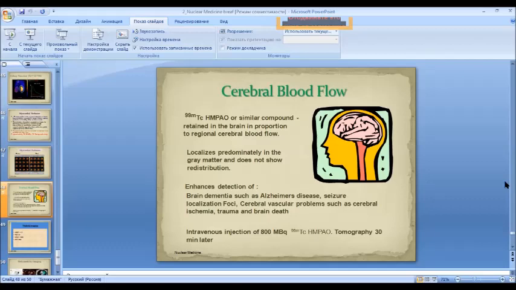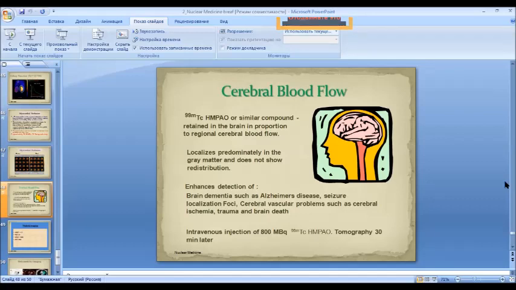Very useful in detection of brain dementia such as Alzheimer's disease, different forms of pathological blood flow in the brain, cerebral vascular problems such as ischemia, trauma, or brain death.